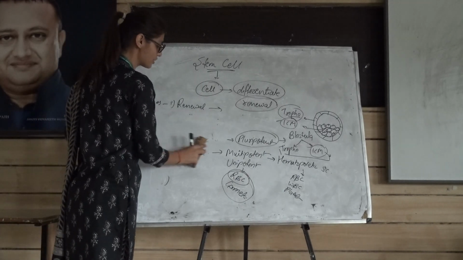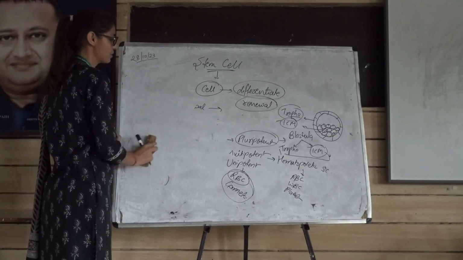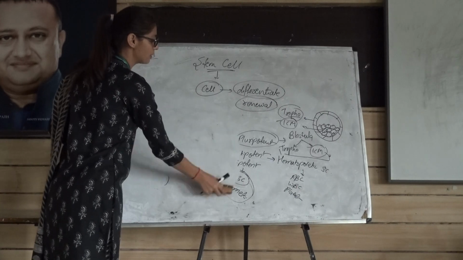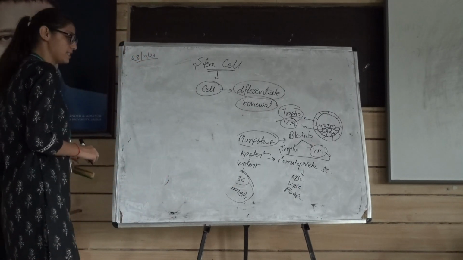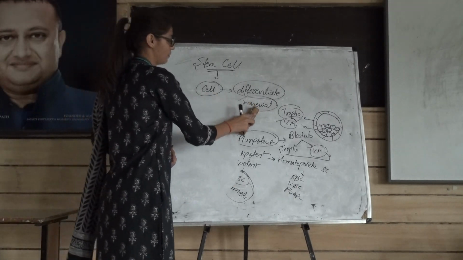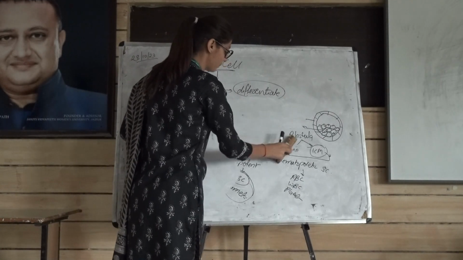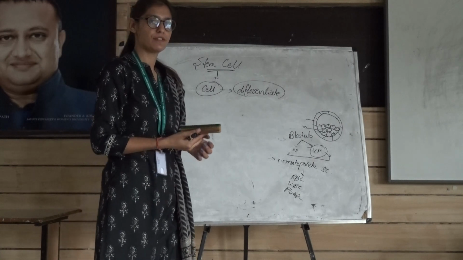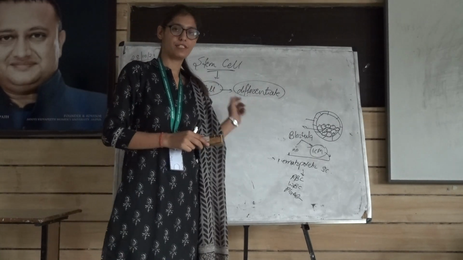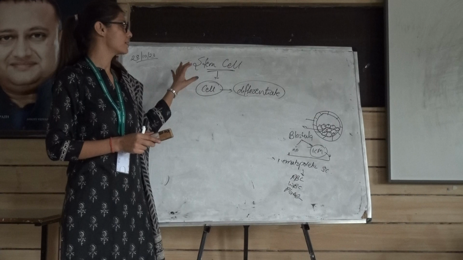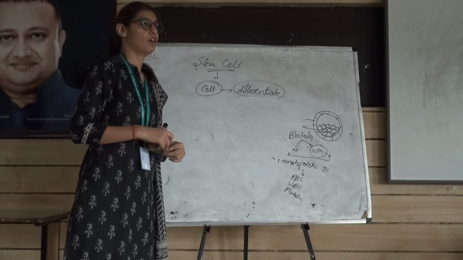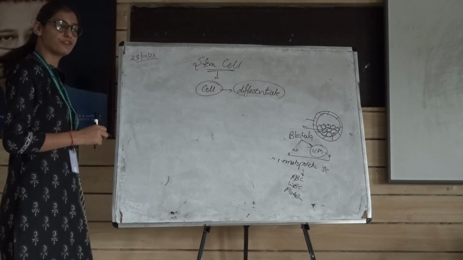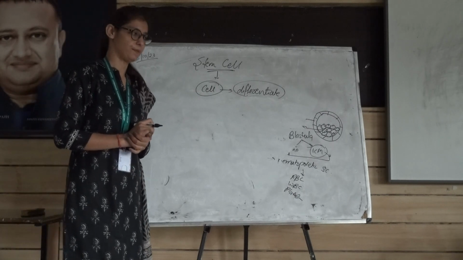In case of research and therapy, stem cells are used for the diagnosis or treatment of various diseases, like Parkinson's disease and Alzheimer's disease. We can treat these diseases with the help of these stem cells. Also stem cells are used for the repair and removal of damaged cells present in the body, right?